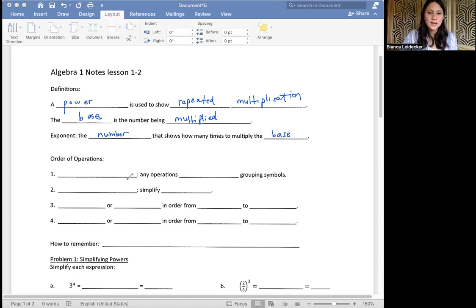Okay. When it comes to order of operations, we've got parentheses first. Then we have exponents. Then we have multiplication or division.